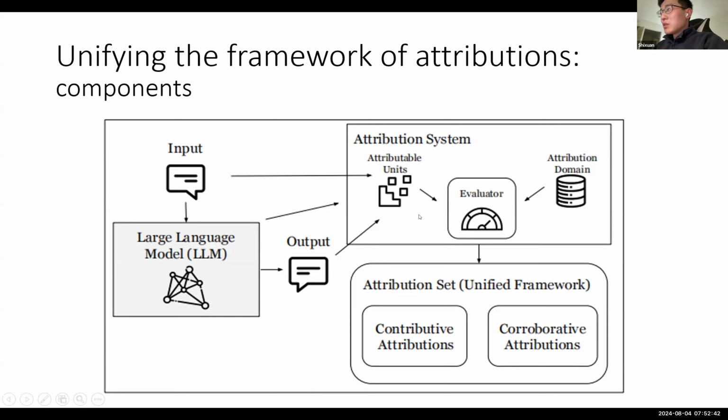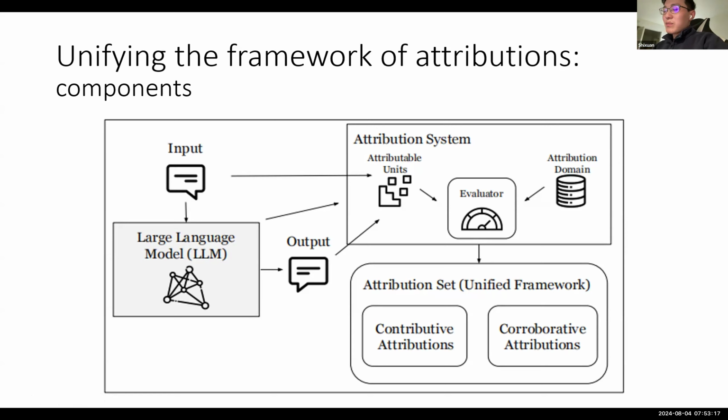Once we have the attributable unit, we'll look up something inside a data set. This data set is called the attribution domain. In this domain, we want to search for something that is relevant. We put each pair of attributable unit and a source in the attribution domain into an evaluator. The evaluator is a scoring mechanism. In the TDA case, for example, the evaluator could be something like linear algebra training, influence function, or tracing.